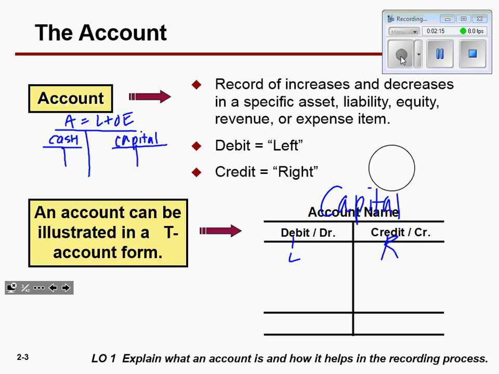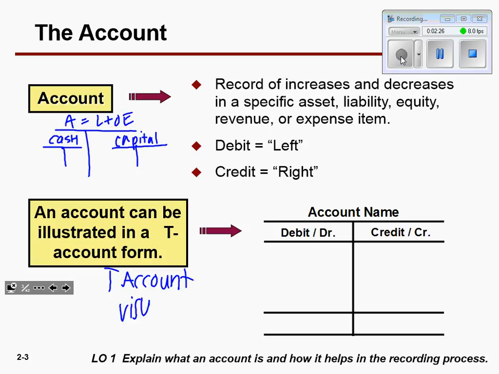The illustrated version of an account can be made into what's called a T account. That's a visual representation of the account itself. When you make a T account, it always has these parts. It has the account name. It has a T, hence the name T account.